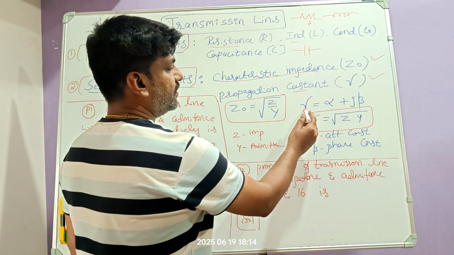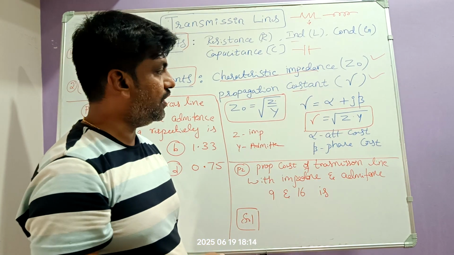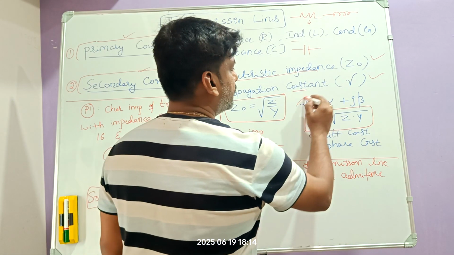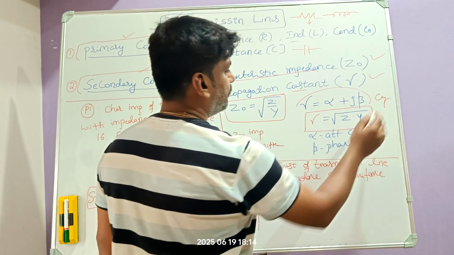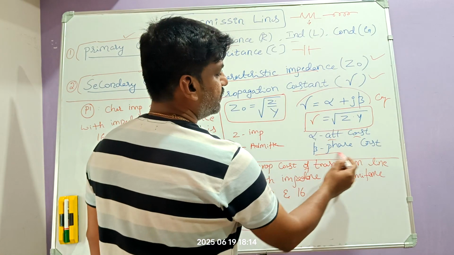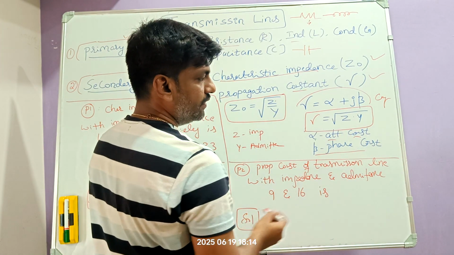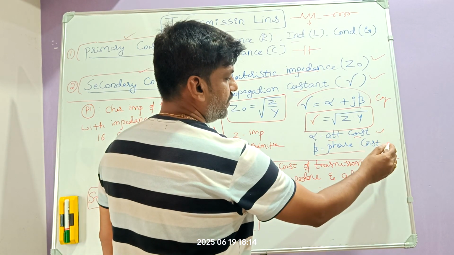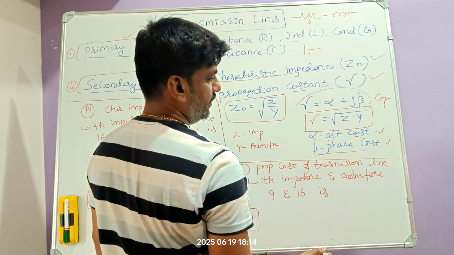Then propagation constant is represented by gamma is equal to alpha plus j beta. So overall this is a complex number where alpha is the attenuation constant and beta is the phase constant, right? So it is Napier per meter and it is radian per meter, right?